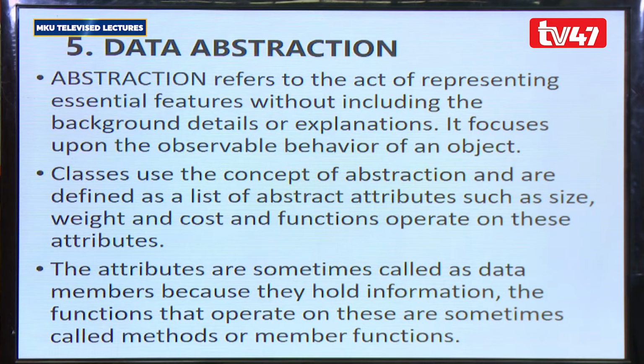Classes can use this concept of abstraction and are defined as a list of abstract attributes such as size, weight, and cost, and functions can operate on these attributes. The attributes are sometimes called data members because they hold information. The functions that operate on them are sometimes called methods or member functions.